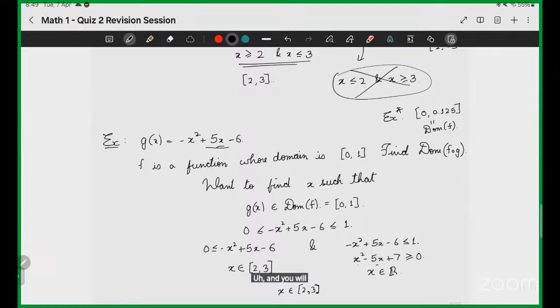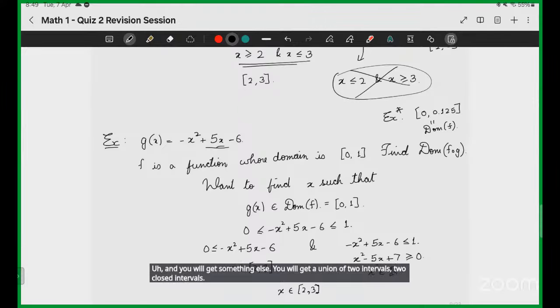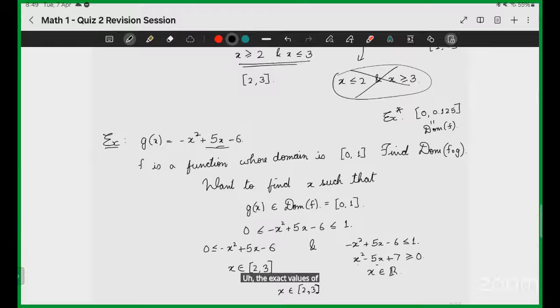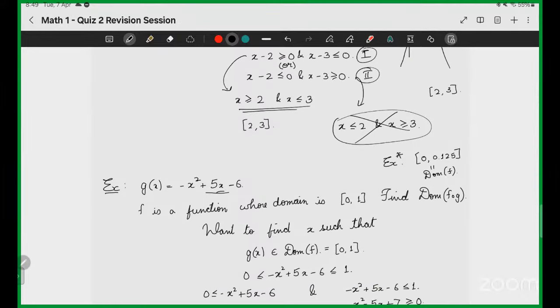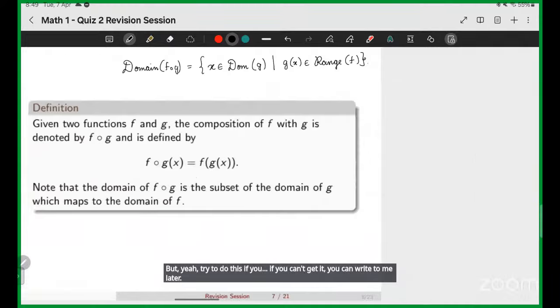And you will get something else. You will get a union of two closed intervals, the exact values of which I'm not going to compute now. But try to do this. If you can't get it, you can write to me later also.